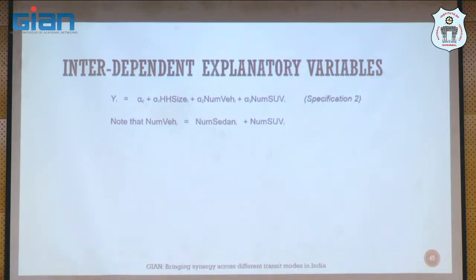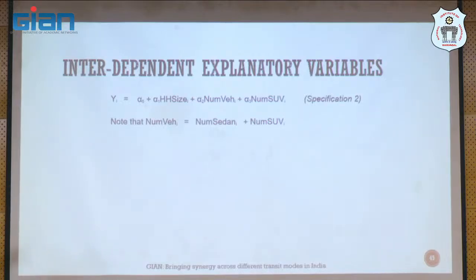If alpha 3 is positive, SUVs have more impact on trip making than sedans. If alpha 3 is negative, SUVs have less impact than sedans. If alpha 3 is 0 or insignificant, it tells you SUV and sedan are the same. We don't need to differentiate.